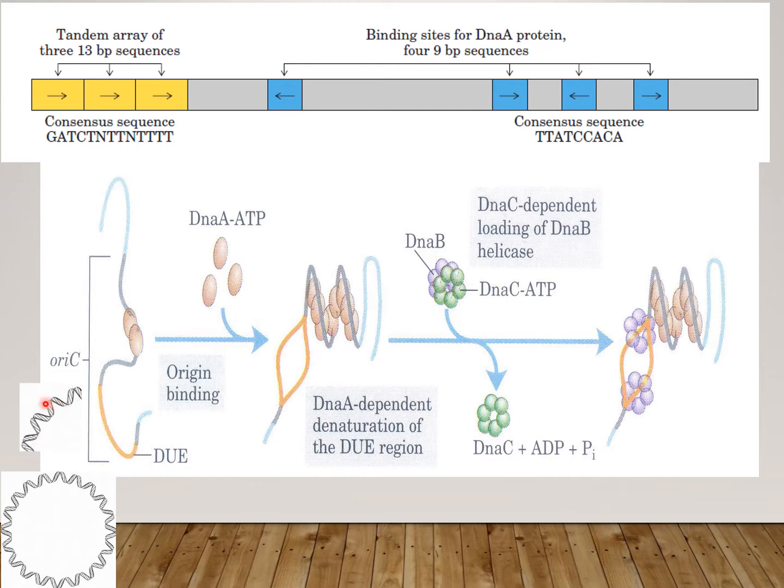So let us suppose this is a small part of this circular DNA which consists of the origin of replication. If this part is magnified further, this can be the sequence.